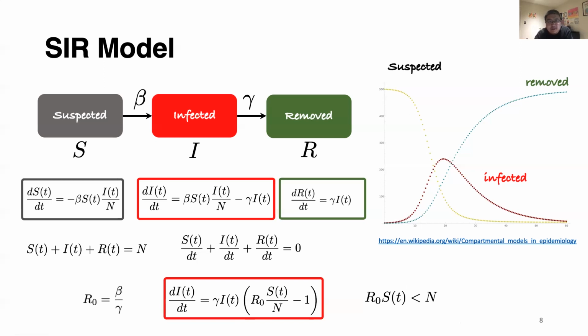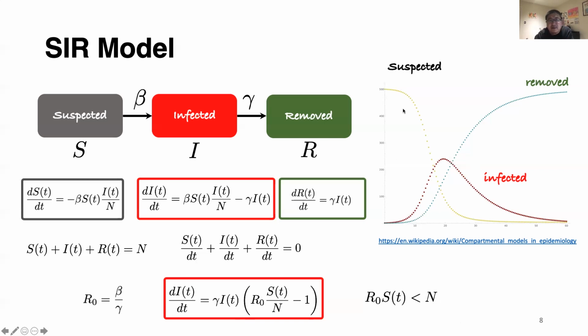That means there will be an epidemic outbreak with an increasing number of infections if you have R0, which is the reproduction number, times S_t larger than N. And this is actually a simulation with these three different equations.